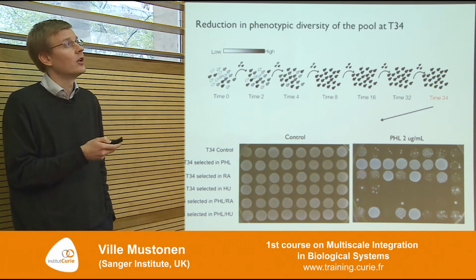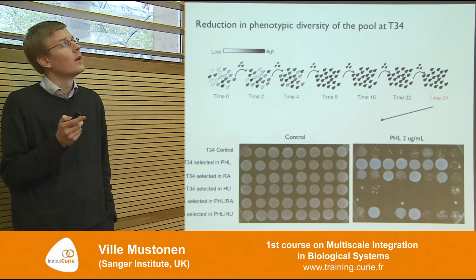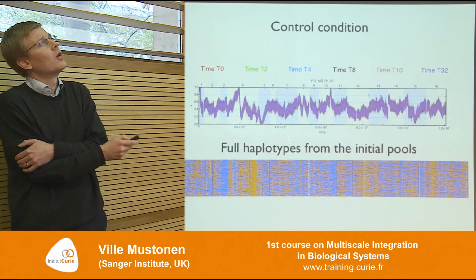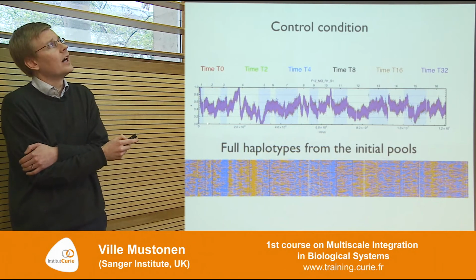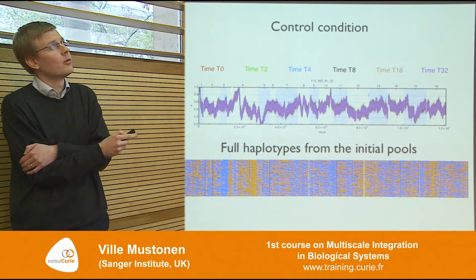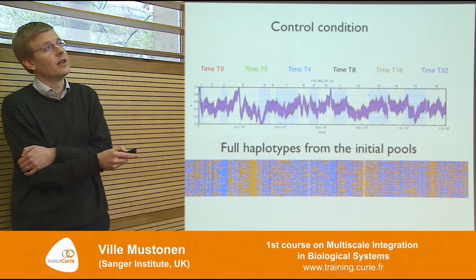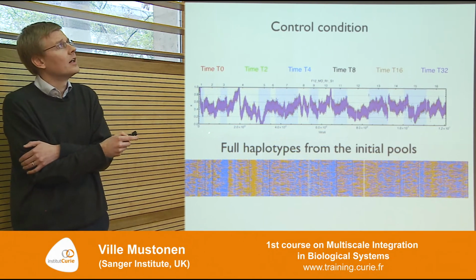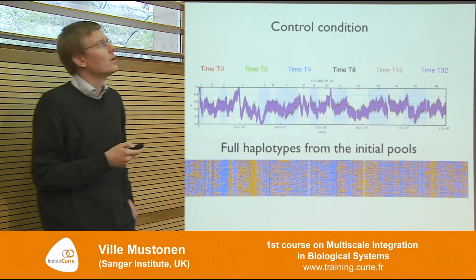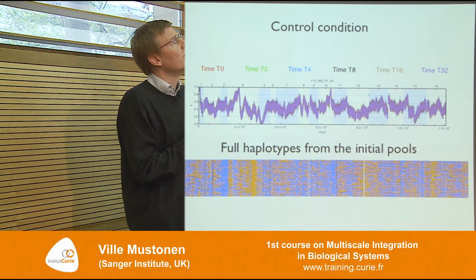So let's have a look at some of the genetic data. This is now the control condition, and I'm plotting here the 52,000 segregating sites, putting all the chromosomes one after each other. So you can see it's about 12 million, as I said. And you can see a couple of things.